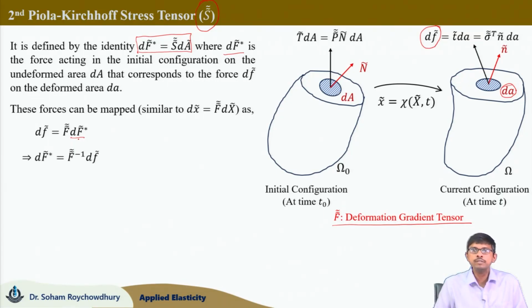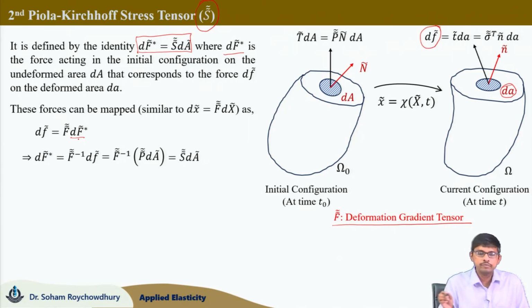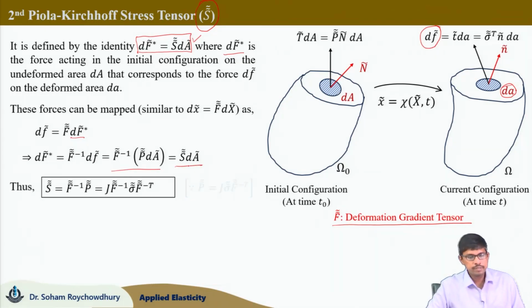From this, dF* can be obtained as F inverse df, and now df is nothing but P times the dA vector. The dA vector is the undeformed area vector. So, putting df as P times dA and comparing it with the definition, dF* was defined as S dA.